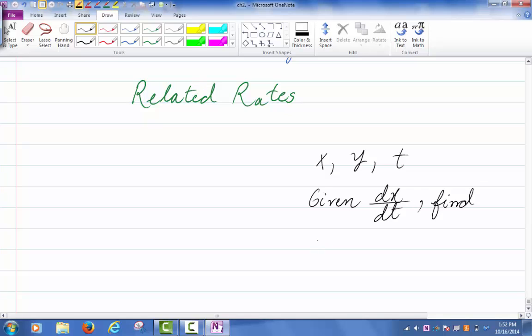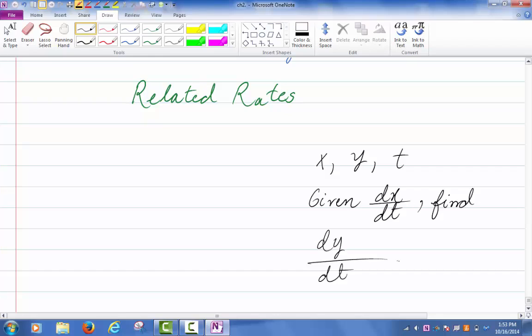So you have to find dy/dt. Am I making sense? Usually you have 3 variables in most of these problems, and you will be given the rate of one of them, and you have to find the rate of the other. Usually the third variable is time.